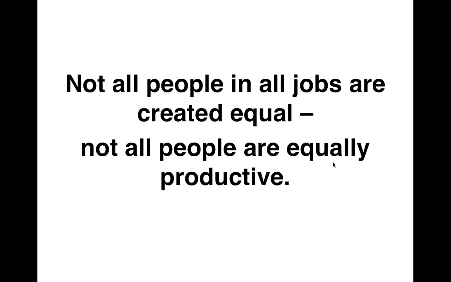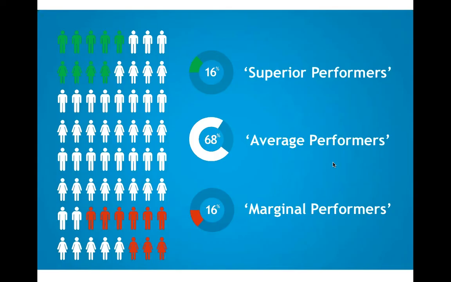Broadly speaking, they will fall under the distribution curve, as we call it, the standard distribution called the bell curve, whereby there will be some superior performers, average, and marginal. They have seen that in every job, in every organization, there will always be superior performers, which is 16%, and the majority will fall under the average performers, 68%.